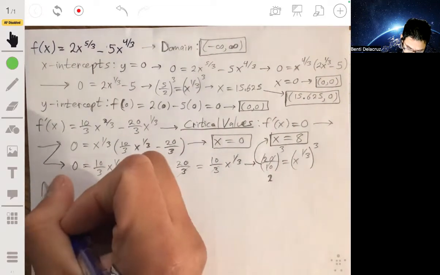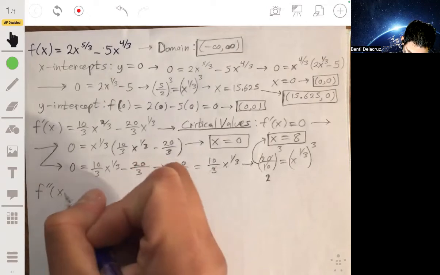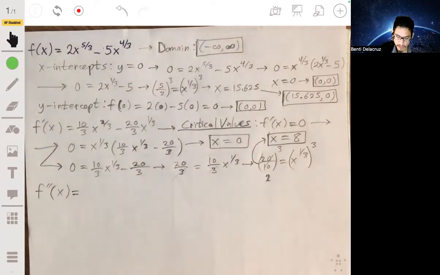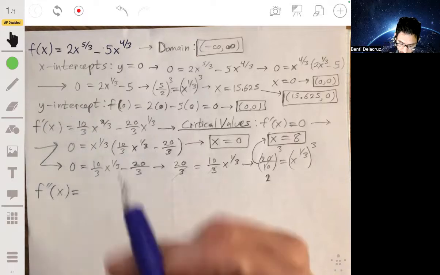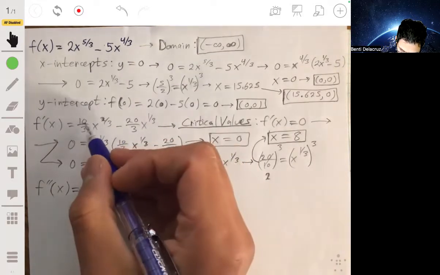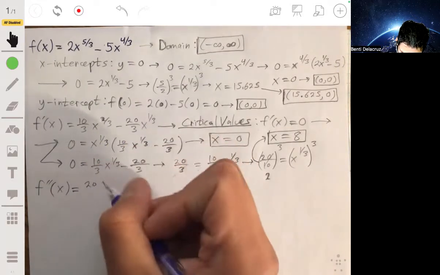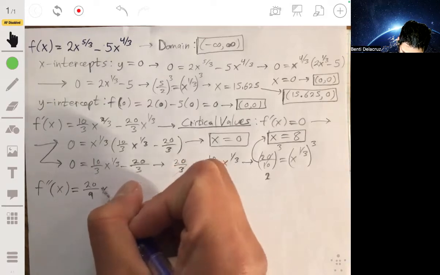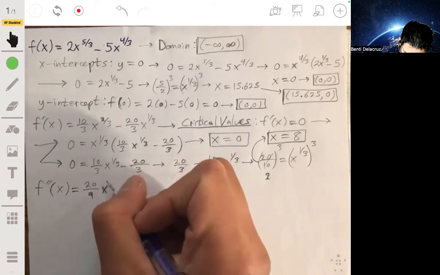Now let's find the second derivative, f double prime of x. We'll take the derivative of this guy. So 2/3 times 20/3, so 20/9 x to the negative 1/3.